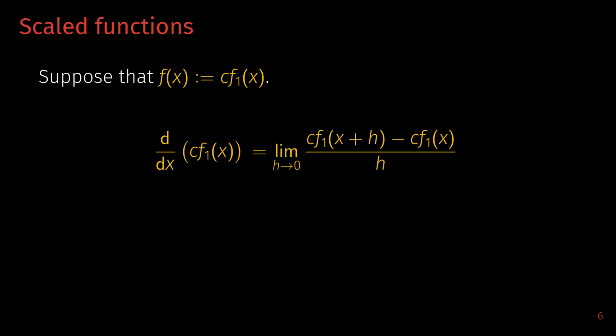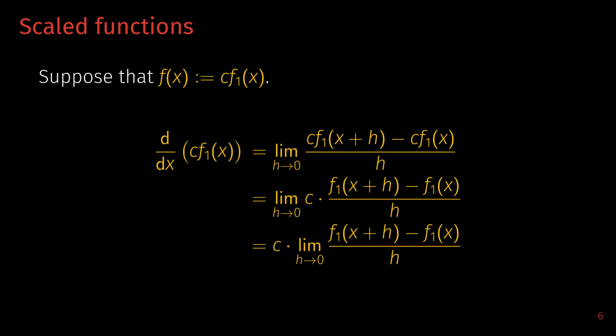If we plug everything in, we find that both terms in the numerator of the fraction have a c in them, meaning that we can factor that out like this, and then we can also bring that c in front of the limit, because c does not depend on h.